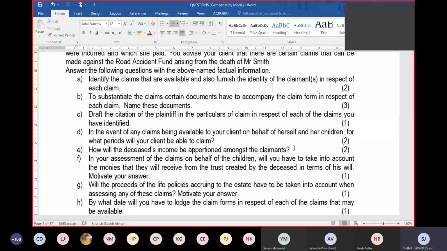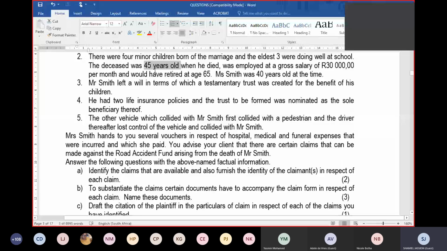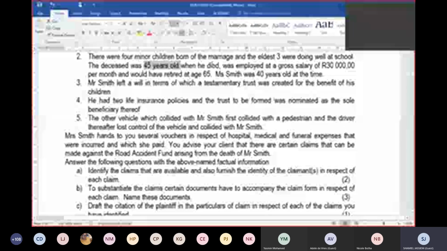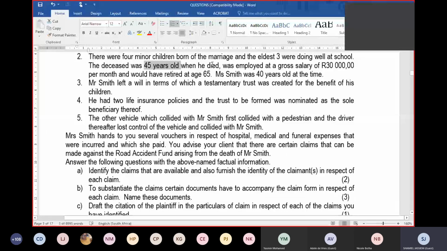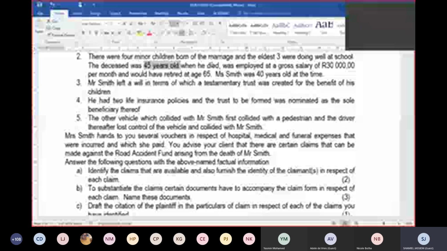So he would have worked for another 20 years, and Mrs. Smith would be able to claim loss of support for that 20 years period. Everyone clear on that? So he would have worked till the age of 65, he was 45, so the widow would be entitled to compensation for a period of 20 years till the date of retirement.